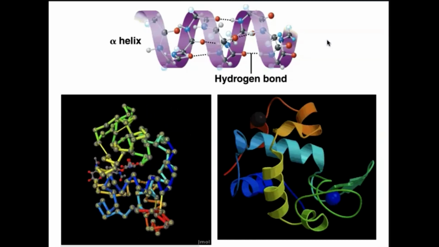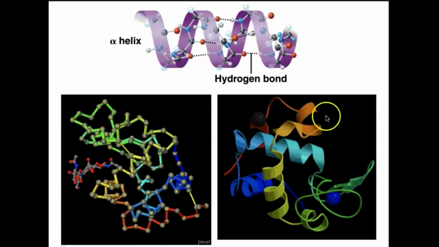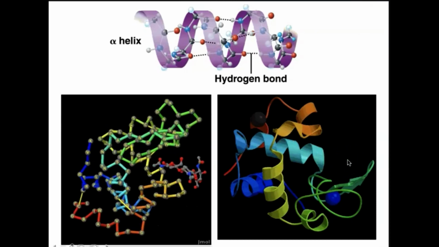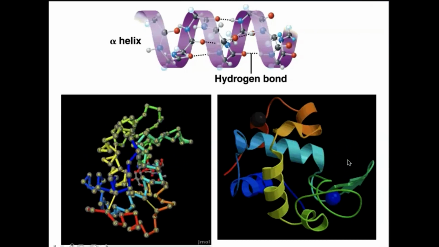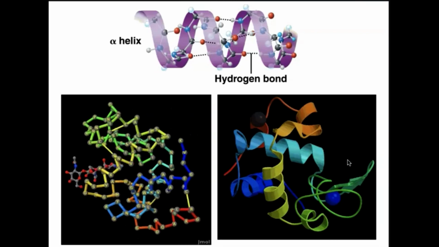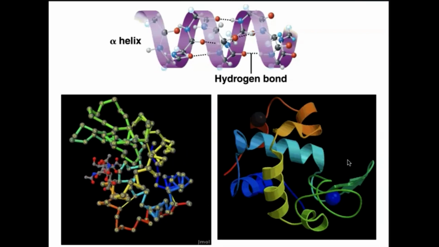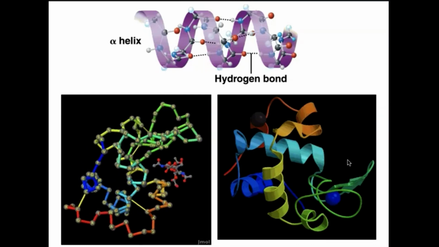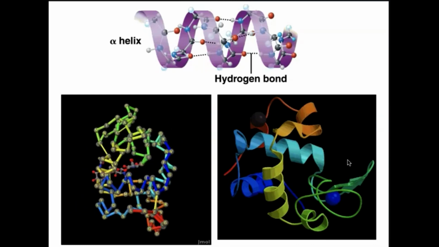And what you usually will see is what we call a ribbon model, or ribbon structure model, of a protein. The alpha helices would be depicted in this way, and they're color coding it to distinguish one alpha helix from another.